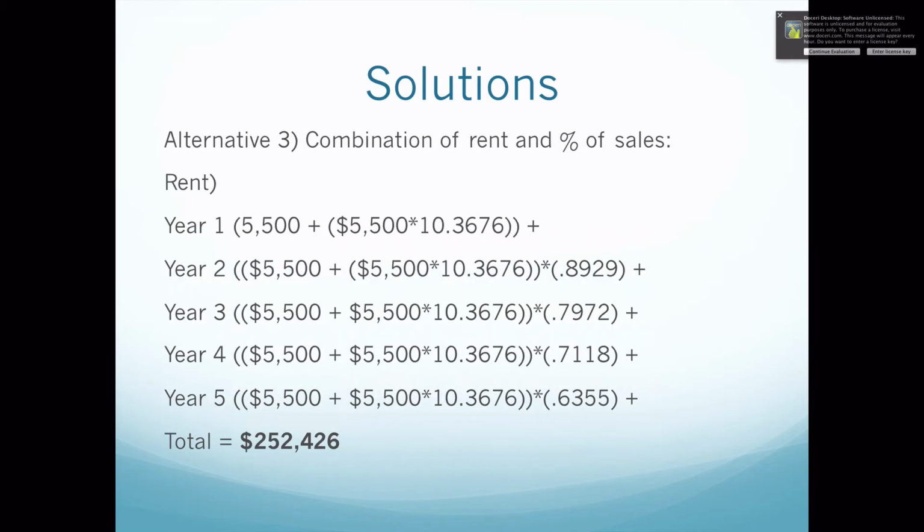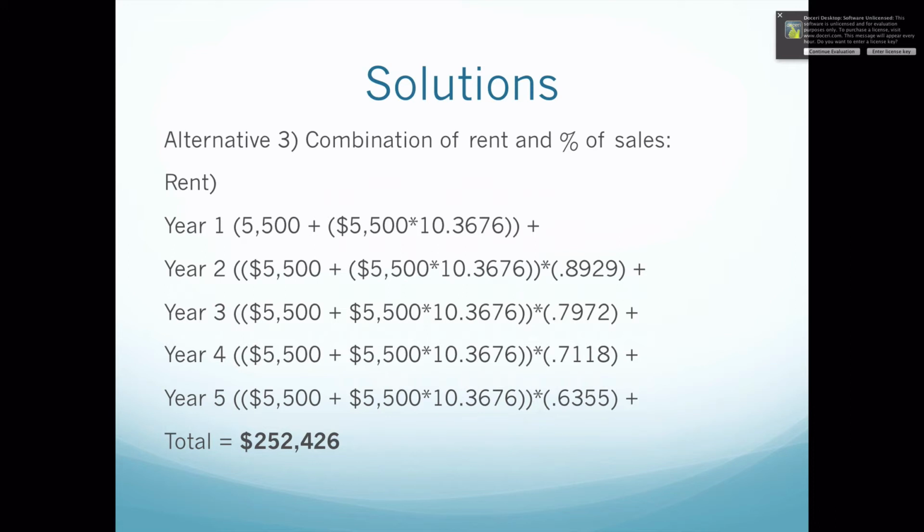On Alternative 3, we're going to have to do both. So we're going to do the fixed rent first, and this looks exactly like Alternative 1, with the exception of having $5,500 instead of $11,000, and it should be about half, and that's what it is. It's $252,426. So this shouldn't be any surprise to anybody as far as the numbers.